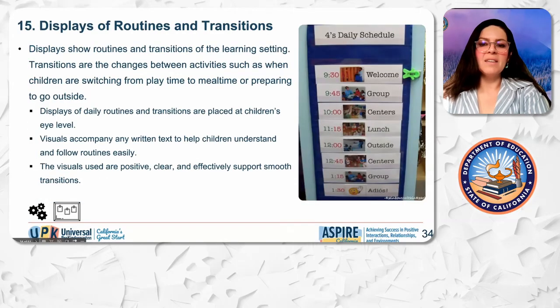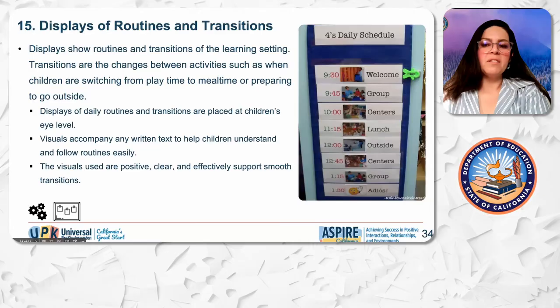When we're looking at displays of routines and transitions, this shows children what to expect throughout their day. When routines and transitions are visually supported using photos, icons, or illustrated sequences, children can independently anticipate what comes next. This can reduce challenging behaviors or uncertainty, especially for children who benefit from visual structure.